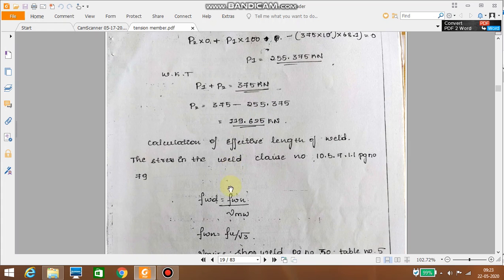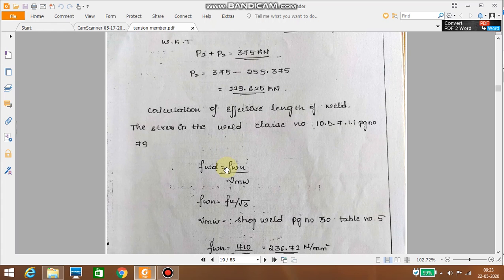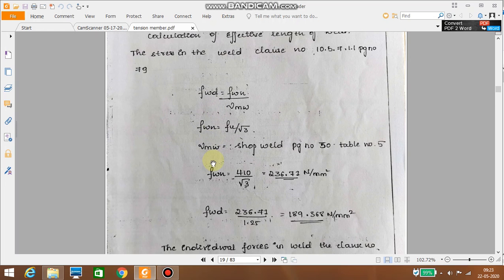Now the calculation of effective length of the weld is required. By using the equation FWD equal to FWN by gamma MW, we can calculate the length of the weld in the coming steps. FWN equal to FU divided by root 3. Gamma MW, for a shop weld, you can consider 1.25.